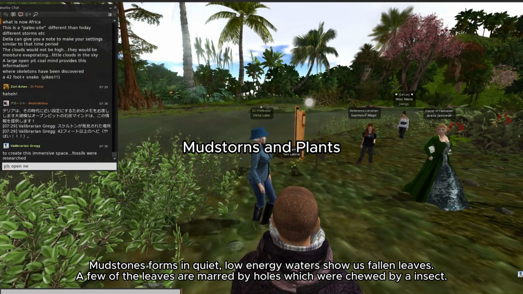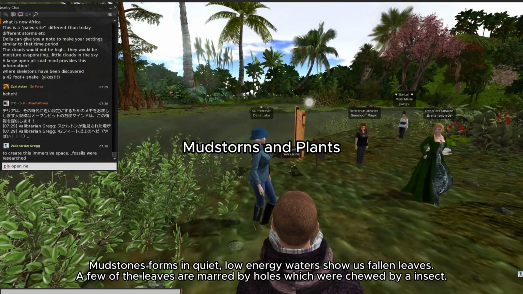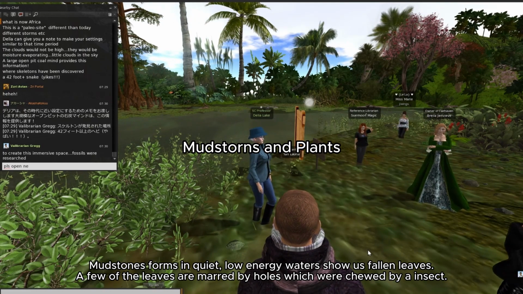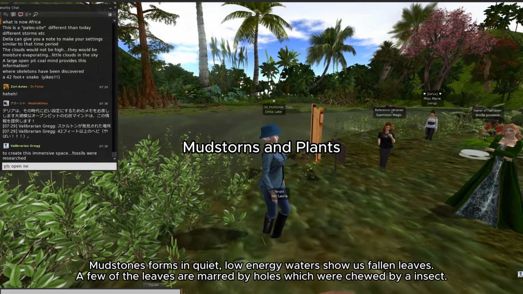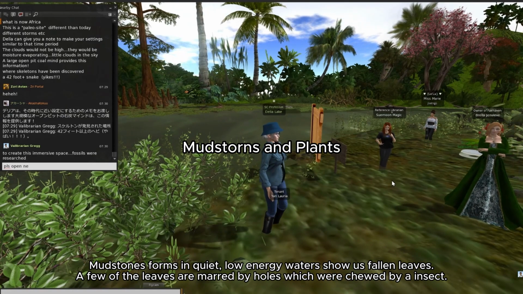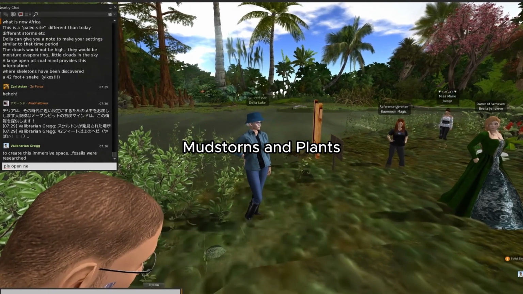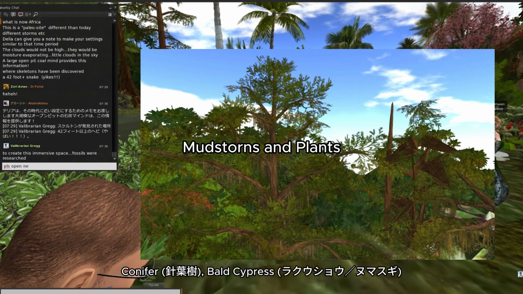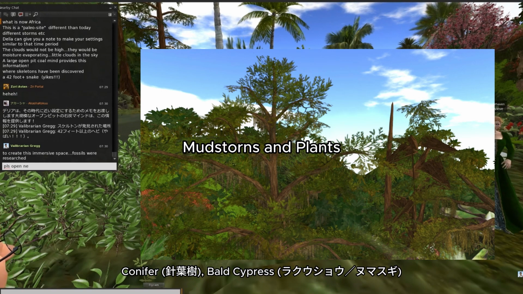mudstones. So all of the trees, all of the plants around here were chosen because they were today's versions of the leaves and the pollen that were found in the mudstones in this pit. So the pines, not the palms, the one kind of conifer, which we assume was closely related to the cypress, the bald cypress, the swamp cypress that we have today.